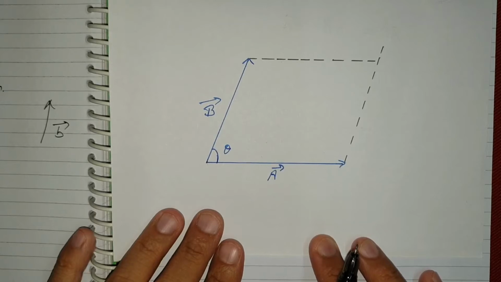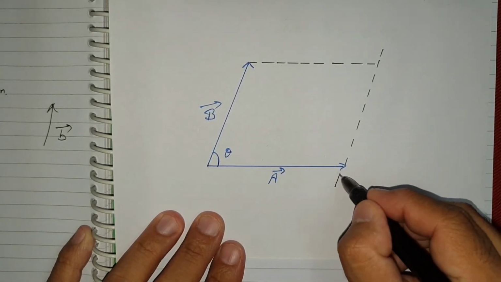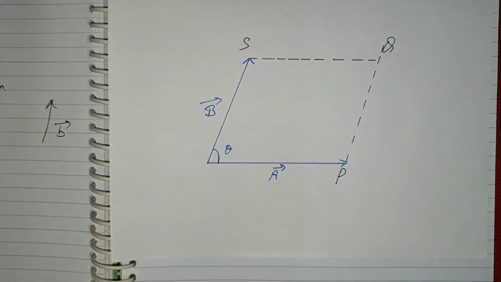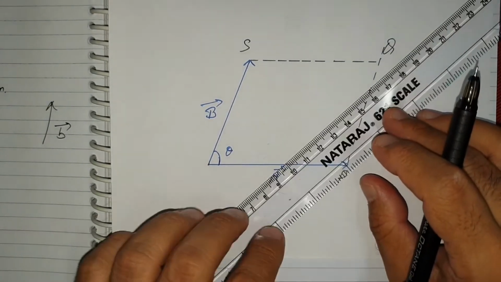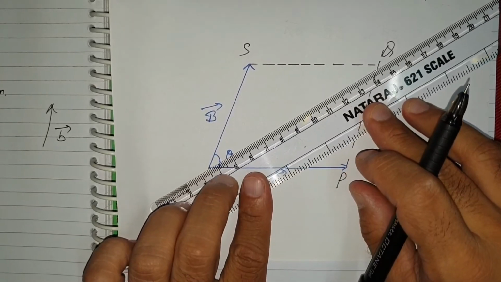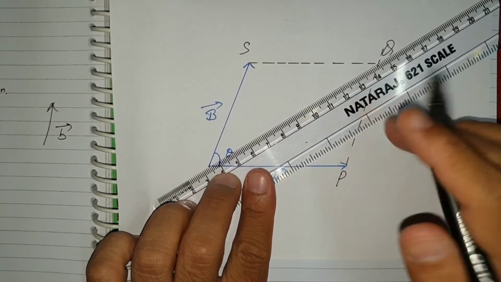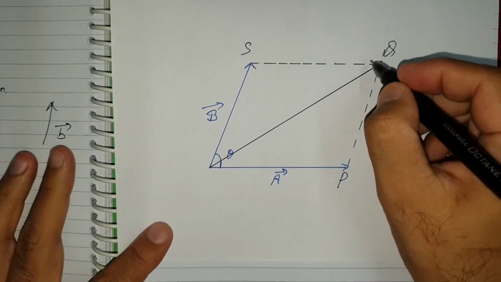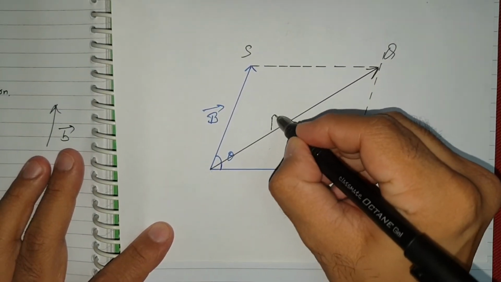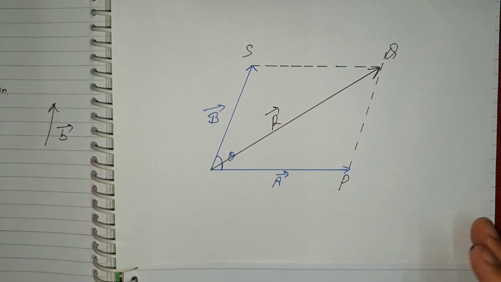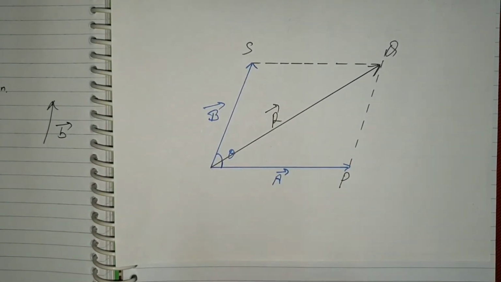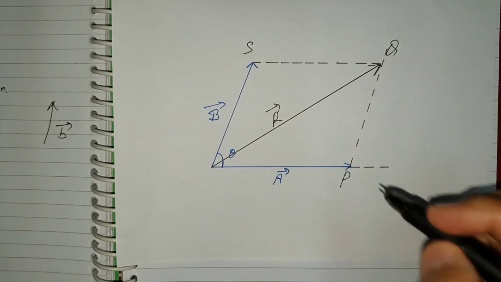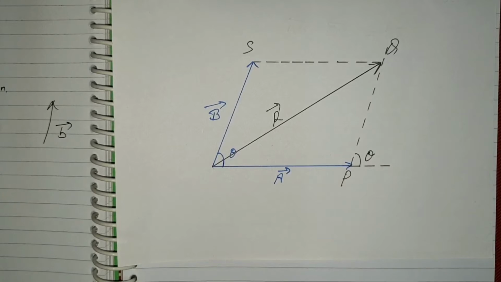We can name the parallelogram: you can take this as P, this as Q, this as S. So R will be the resultant of the two vectors. This is the resultant vector diagonal, and this angle has to be theta.